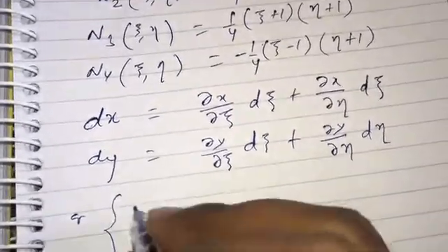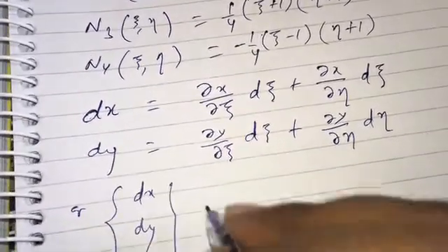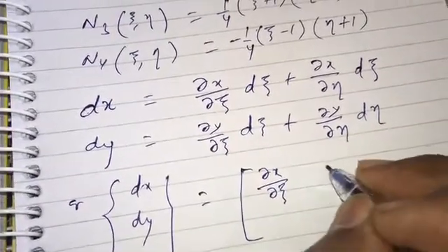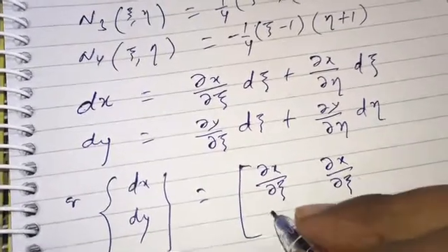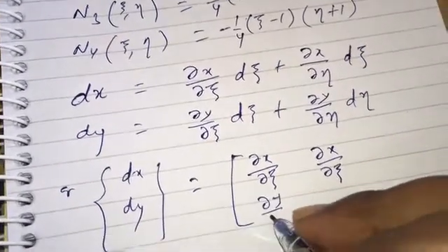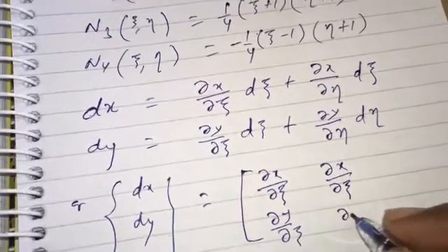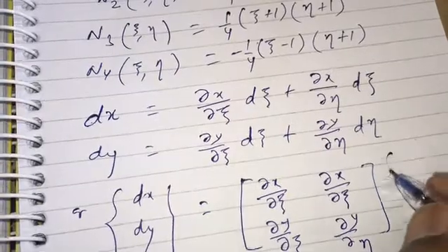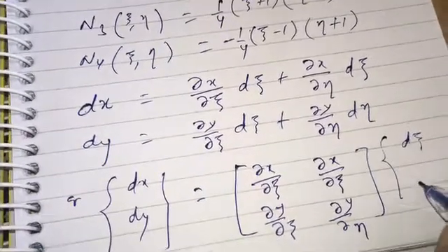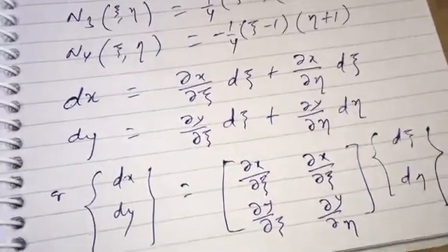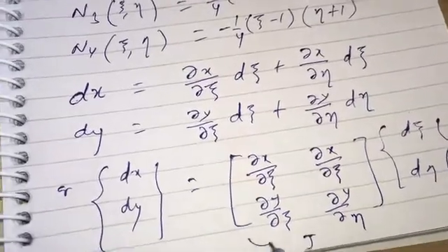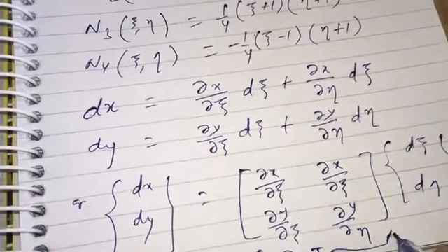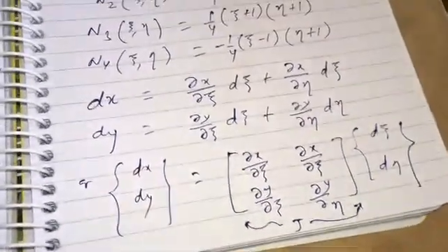Or you can write it as a matrix: dx, dy is equal to the matrix with del x over del xi, del x over del eta, del y over del xi, del y over del eta, multiplying d xi and d eta. We call this matrix the Jacobian matrix.